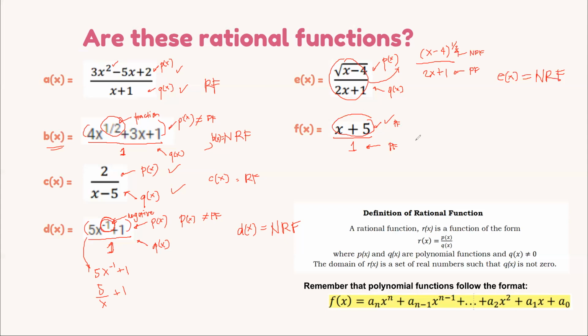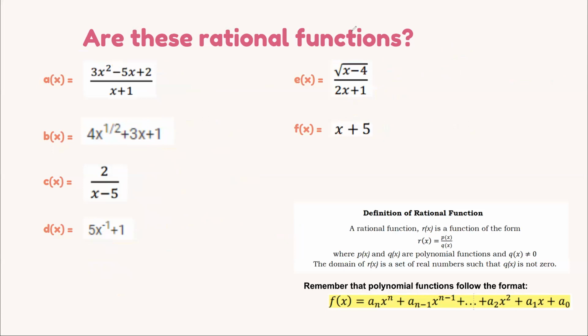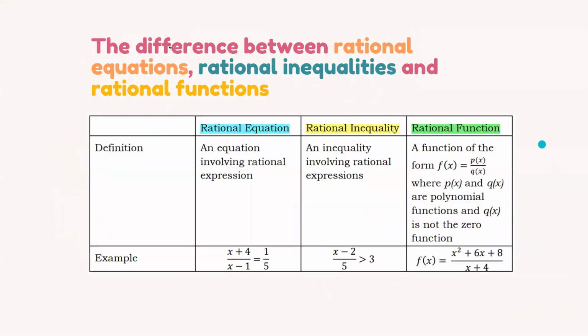Since both of them are polynomial functions, our F of x is a rational function. Okay, if you get it, guys, you can just repeat everything and rewatch everything. So that's what happens for rational functions.